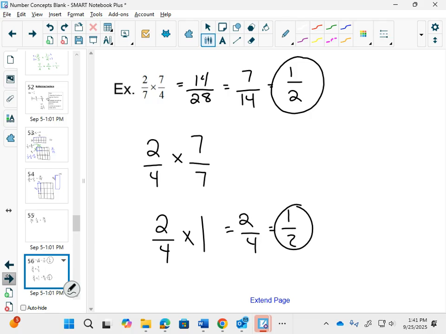There are ways in fractions to make your life easy. So if you are multiplying fractions, you can do what I just did here and switch the numbers around. Sometimes that makes it so this is 1. That is so much easier math. Timesing by 1 is pretty easy.